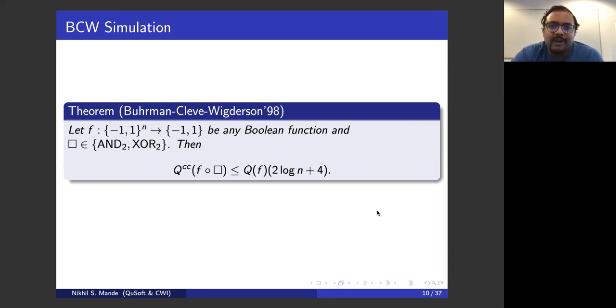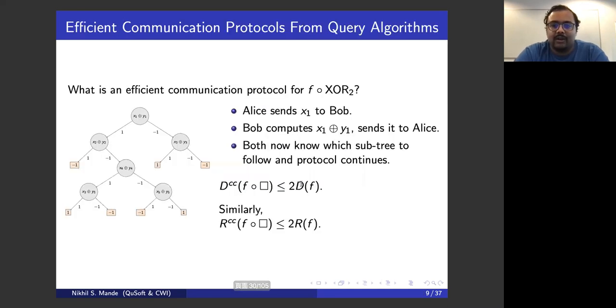You have to simulate queries to a superposition of the indices. Since there are n indices, Alice and Bob can jointly simulate one quantum query with log n bits of communication, or 2 log n bits, Alice to Bob and back. So there's inherently this log n factor that pops up here, as opposed to 2 in the classical world.